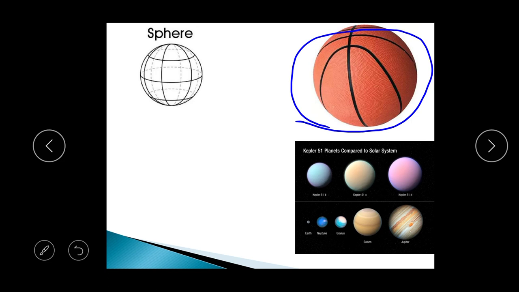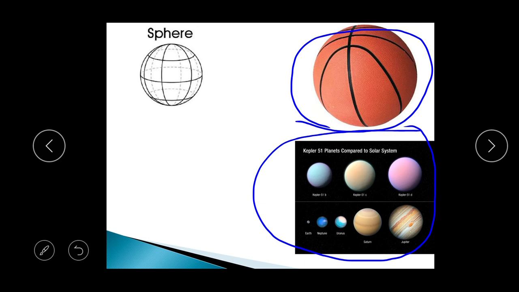We'll be doing it later in the course of the term, but just have it at the back of your mind that the earth is spherical. So look at the earth, it is in sphere shape. So examples of objects that are in sphere shape are your ball and earth.